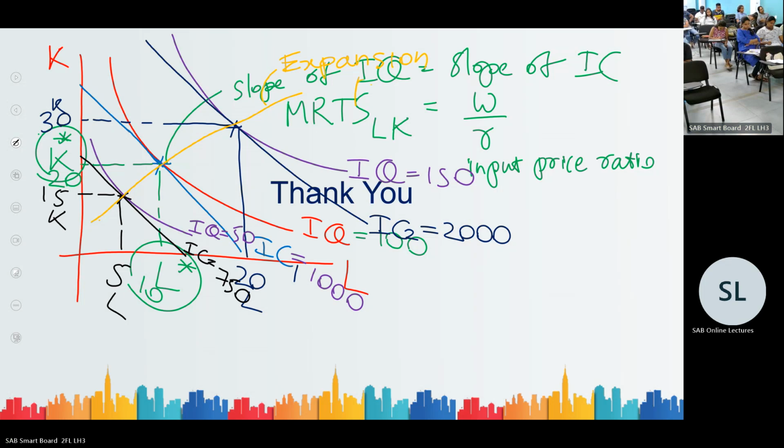Expansion path shows how a firm can expand its production. When a firm moves upward along this curve, the firm expands its production in the long run. So all these concepts are related to the long run.